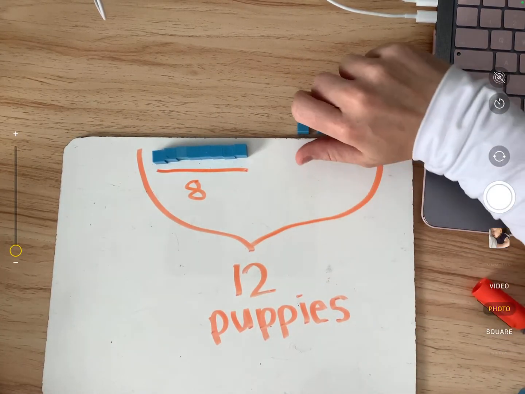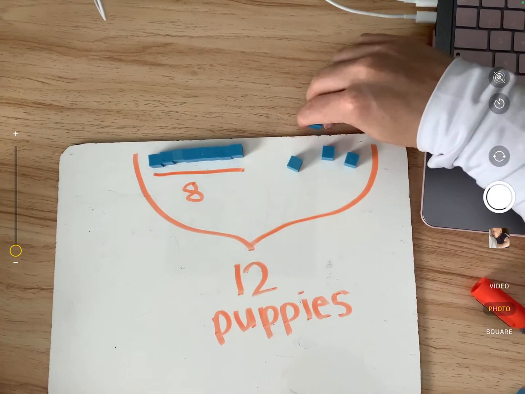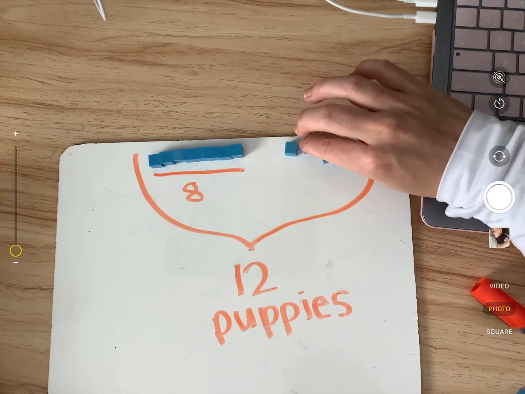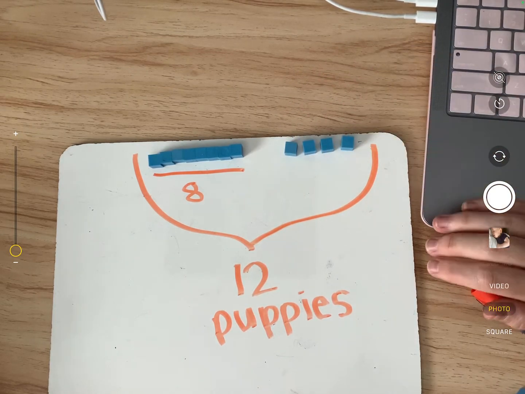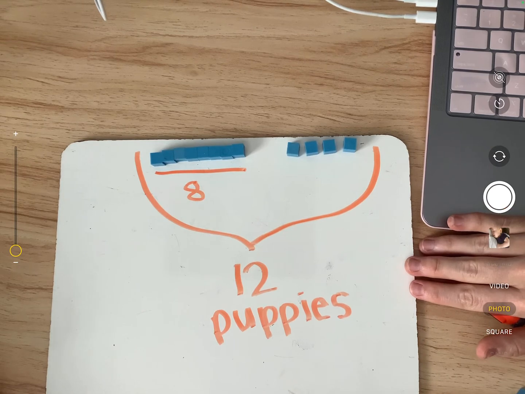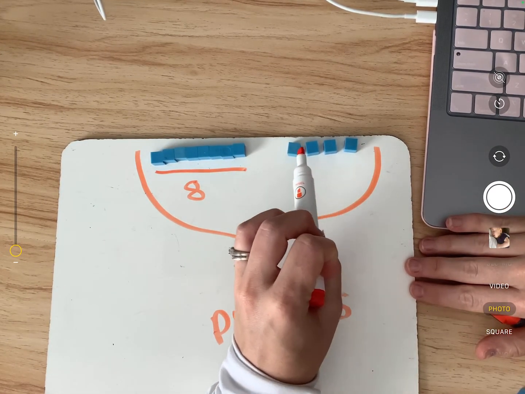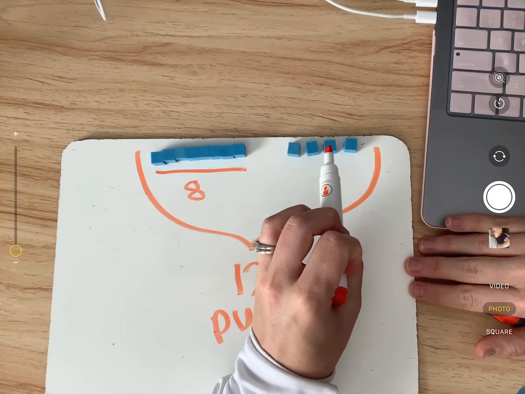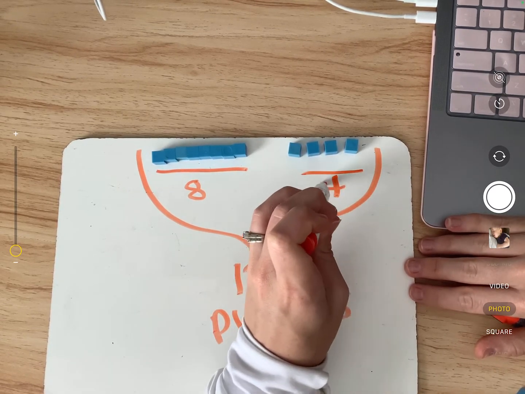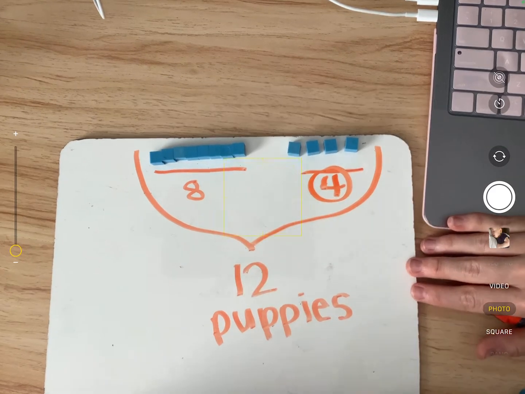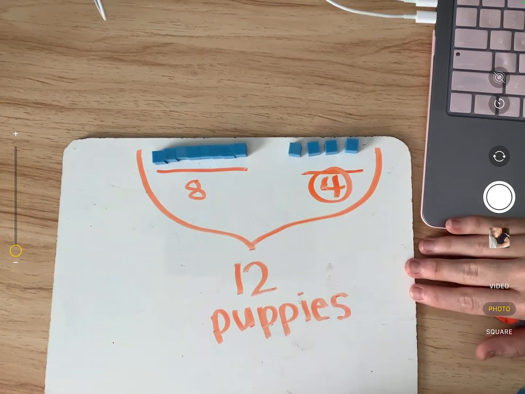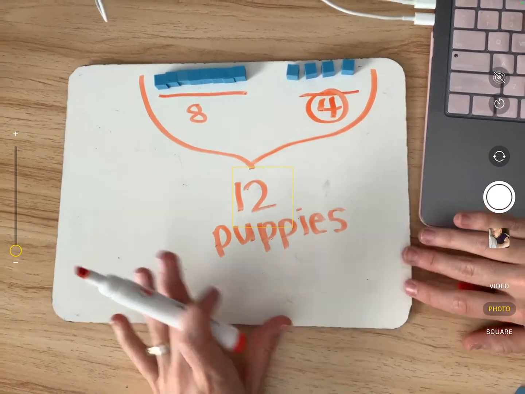So that means that the rest of these puppies here do not have spots. How many puppies do not have spots? Here they are. Count them. How many do not have spots? 1, 2, 3, 4 puppies do not have spots. That's my answer. Okay, 4 puppies do not have spots.